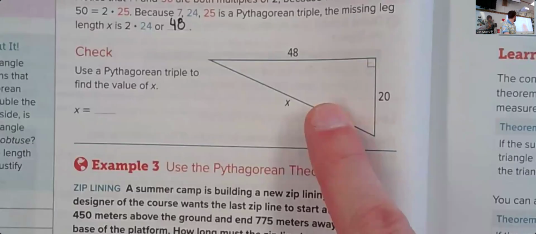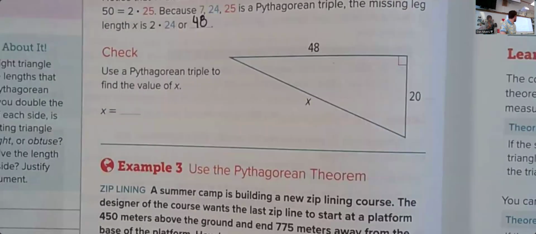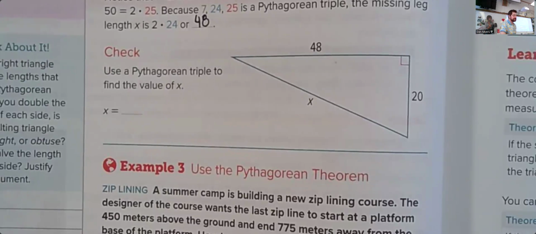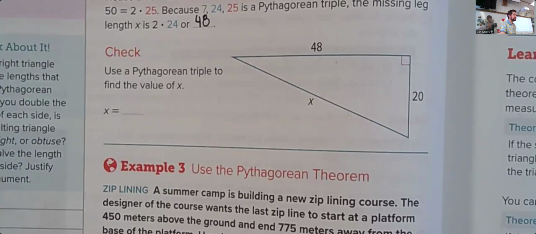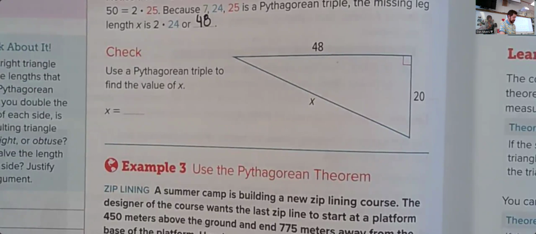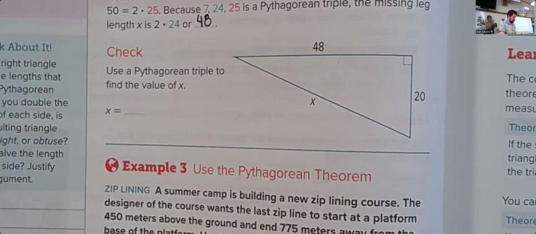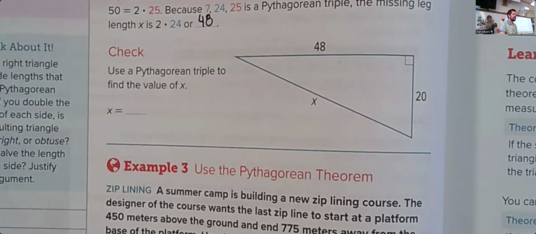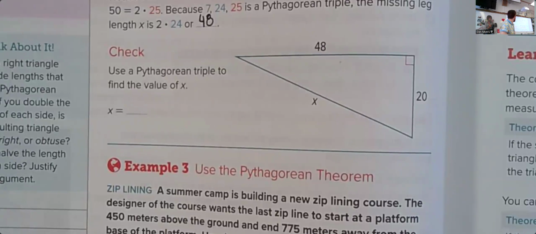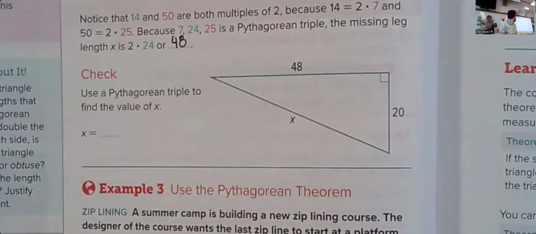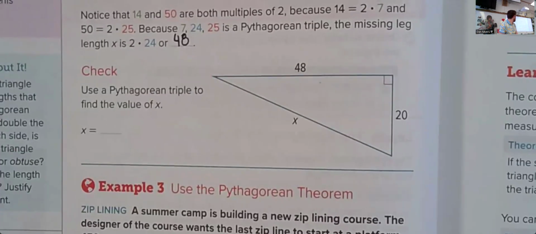Use the Pythagorean triple. Check the ones from the previous page. Find a leg of 48 and a leg of 20 and give me the hypotenuse value. Is it on there? No. Okay, so how could we figure this out then?